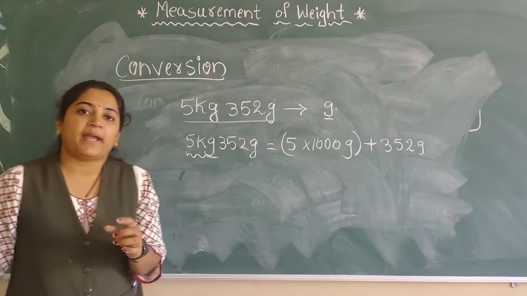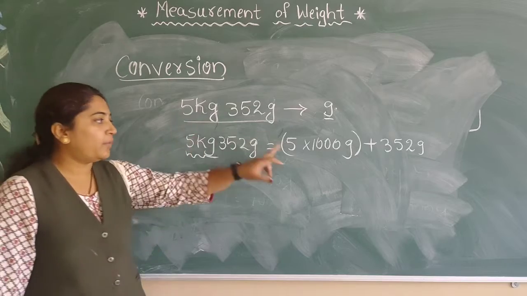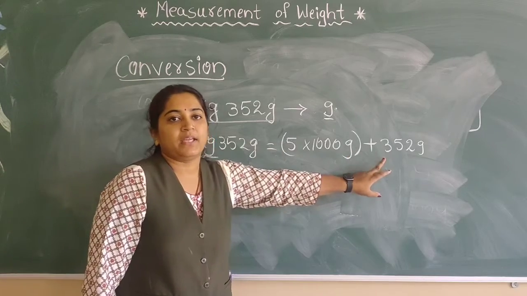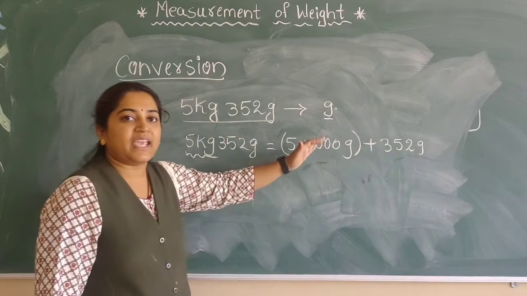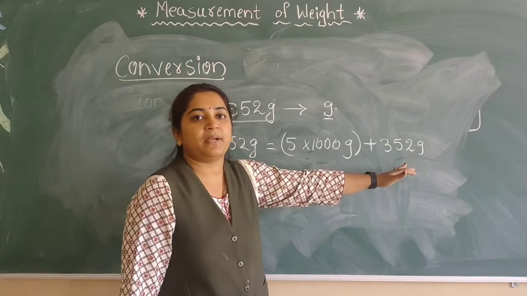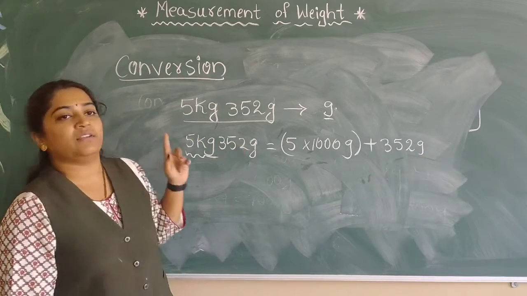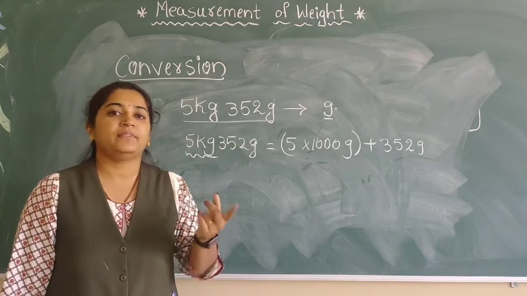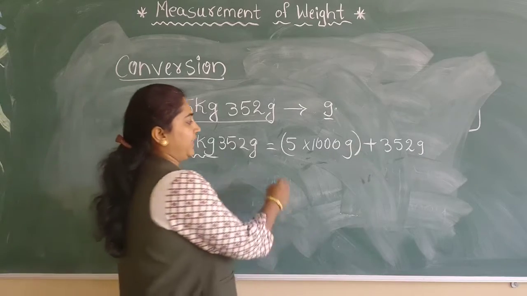See, keep it in your mind that while adding two measurements, both the measurements should be the same. If on this side the gram is there, then on the other side also gram. 1 kg and another measurement in gram, you cannot add. So what you have to do? First you have to convert from kg to gram, then finally you add both the measurements of weight.